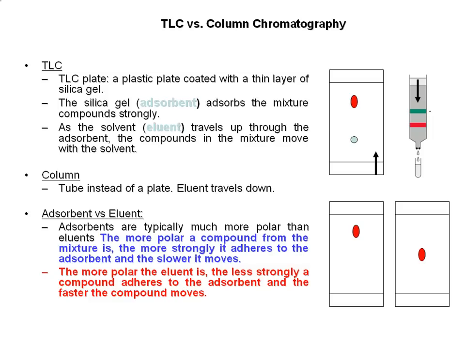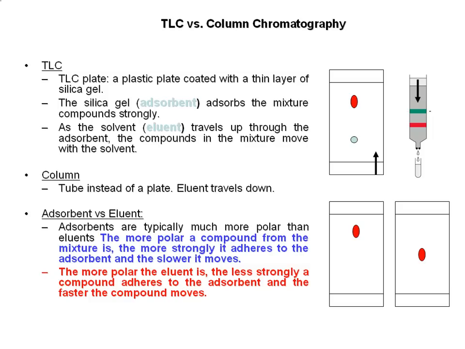Again, the silica gel is going to be your adsorbent or your stationary phase. That's going to adsorb the compounds, and the solvent is going to travel up through the adsorbent, and based on the balance between the affinity of the components of your mixture for the stationary phase versus the mobile phase, you're going to get separation.